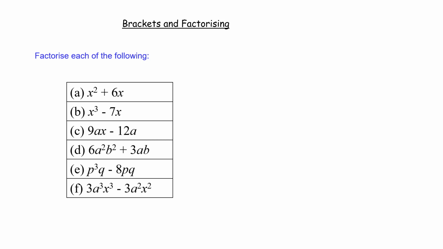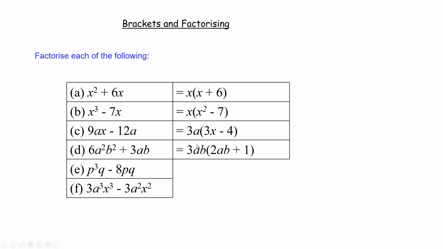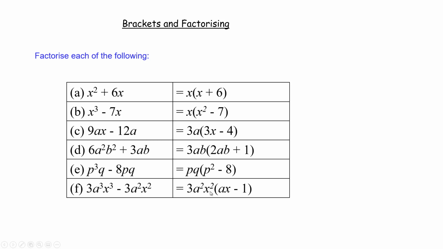Okay, so x squared plus 6x, what's common to both terms is x, so we take x out, open the brackets, and x plus 6. Here again it's x times x squared minus 7, 3a times 3x minus 4, common here, 3ab times 2ab plus 1, pq times p squared minus 8, and 3a squared x squared times ax minus 1.